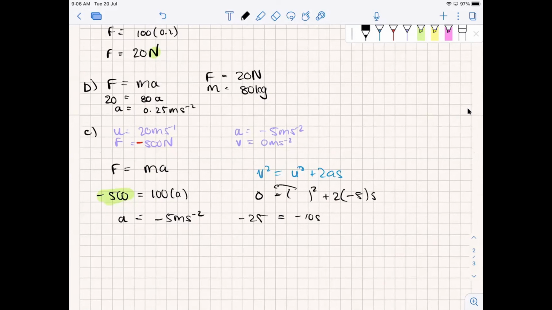The initial velocity was 20. So we have minus 400 on this side. If we divide both sides by minus 10, we'll get a displacement of 40 meters. And if we treat the point that the cyclist started braking as point 0, that means that 40 meters from that point in the forward direction is where he stopped.